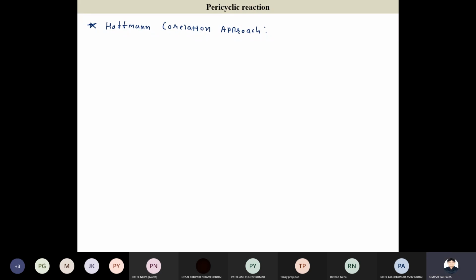This is the diagram which is applicable to both electrocyclic as well as cycloaddition reactions. First you find the elements of symmetry, and then you can find the different correlations. If conrotatory motion is there, it always maintains C2 axis symmetry.